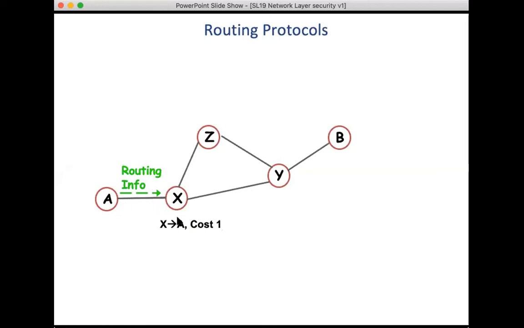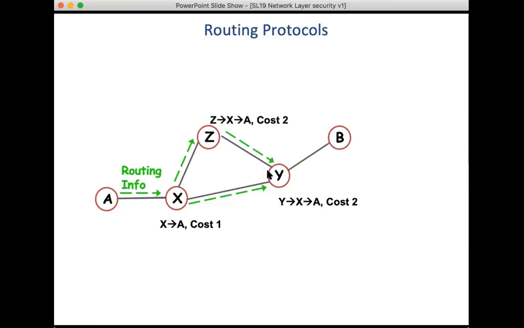In the next step, Z will know that the cost to X is 1, and from this it will find out the cost to A is 2. Similarly, Y will find out the cost to X is 1, and then the cost to A is of course 2.